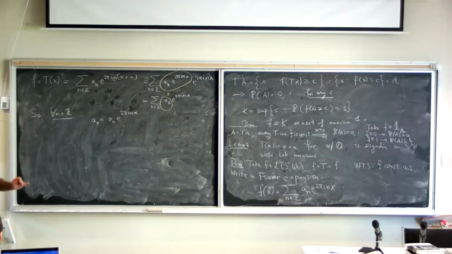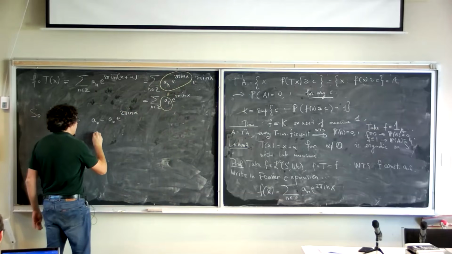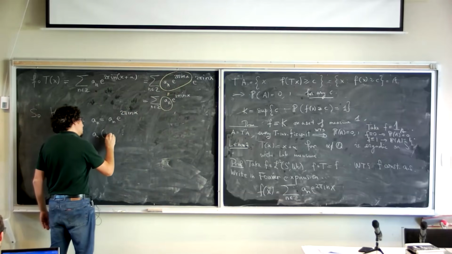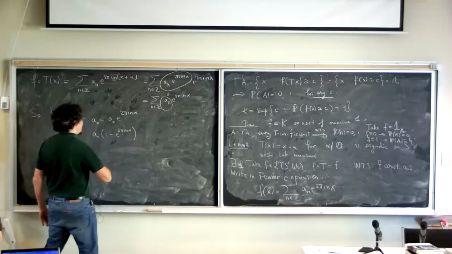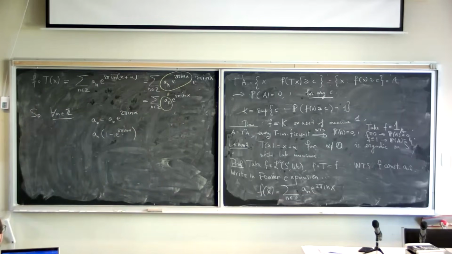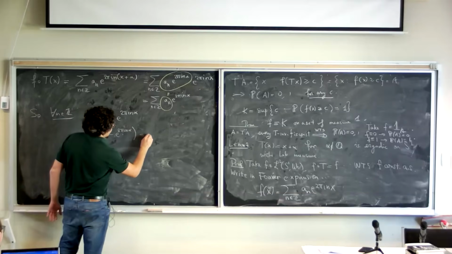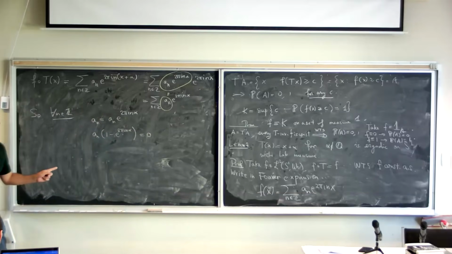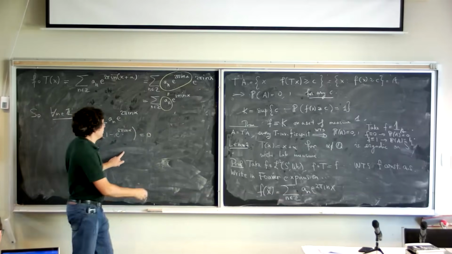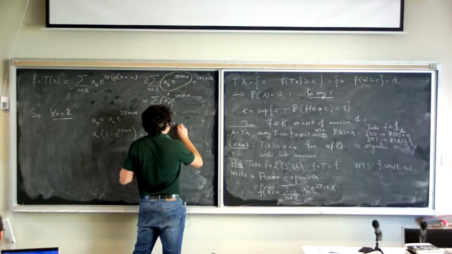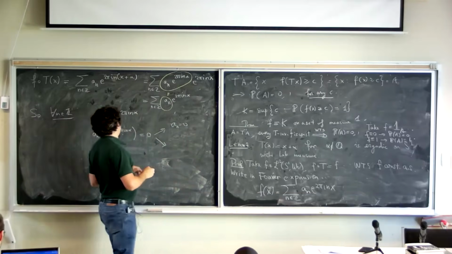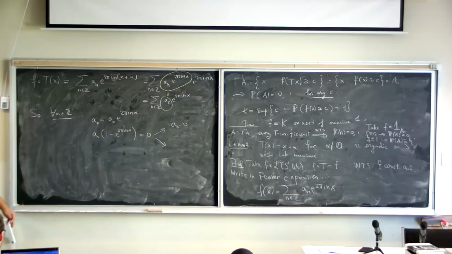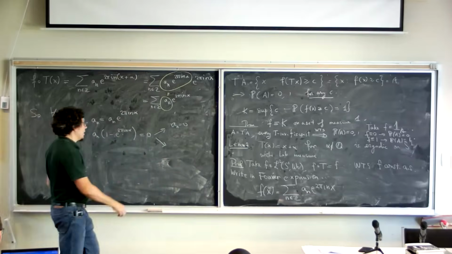So can that be true? Well, you can rewrite this as a_n times (1 minus e to the 2 pi i n alpha) equals 0. So either a_n equals 0 or e to the 2 pi i n alpha has to be equal to 1.